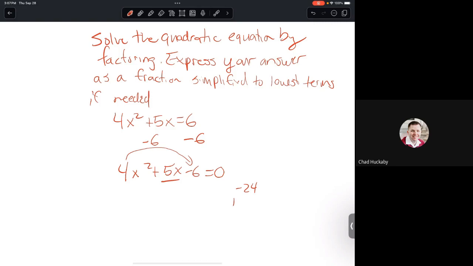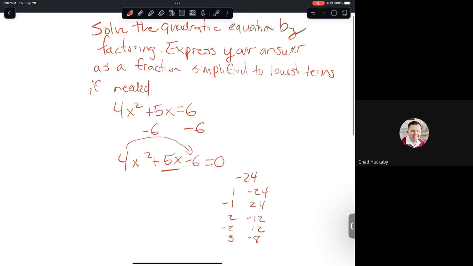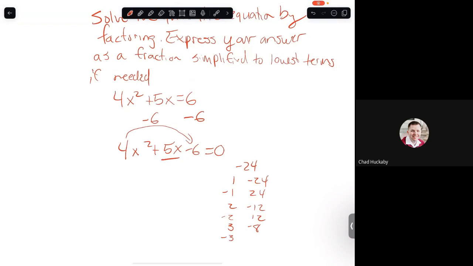Well, there's 1 and negative 24, negative 1 and 24, 2 and negative 12, negative 2 and 12, 3 and negative 8, negative 3 and 8, and 4 and negative 6, and negative 4 and 6.